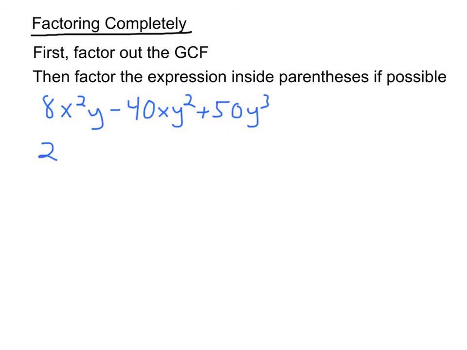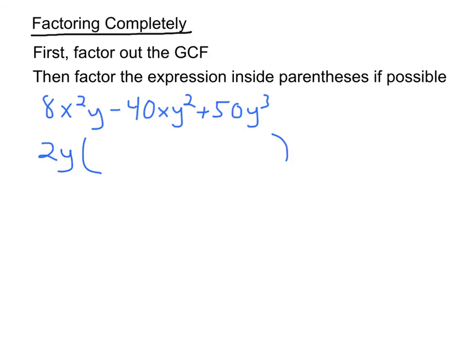With the variables, remember, it has to be in every term to be a GCF. So x is in the first two, but it's not in the last one. So you can't say that x is part of the GCF. Y, on the other hand, is in all three terms. So you have to pick the smallest power, which is right here in this first term. So it would just be y. So the GCF would be 2y.